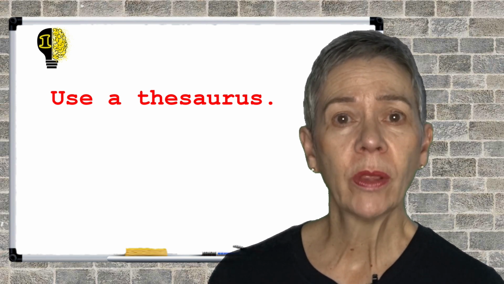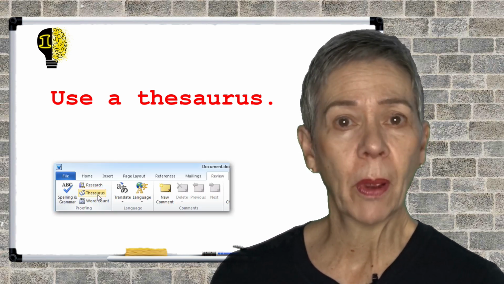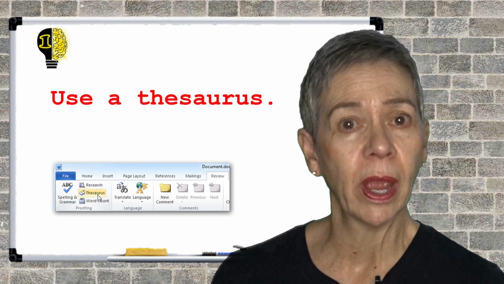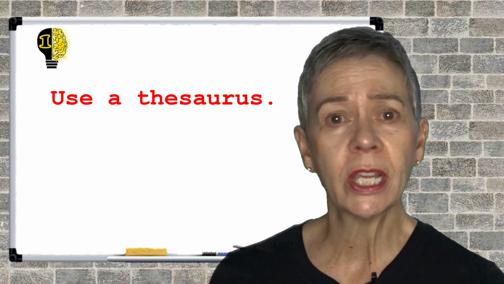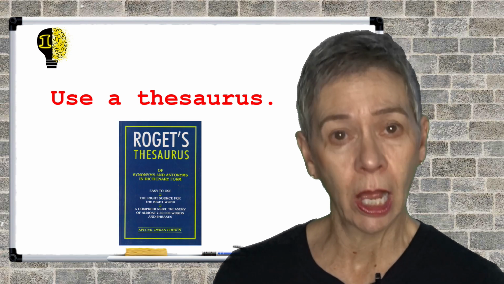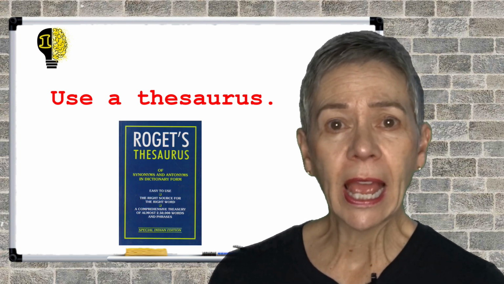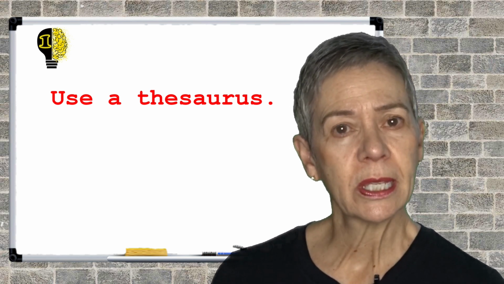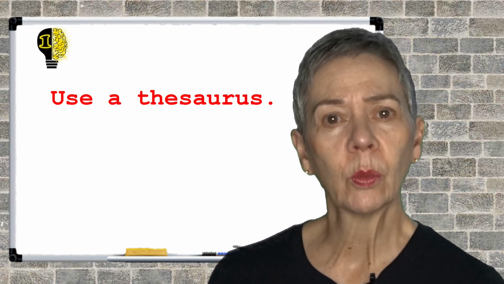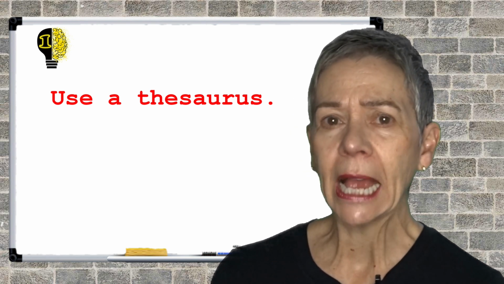And it doesn't matter whether you use the thesaurus which is part of your word processing program, Microsoft Word has a very good one, or you have an old copy of Roget's thesaurus that you've had since you were in high school. These are excellent sources for you. The purpose of a thesaurus is to give you similar words that are not all exactly the same.